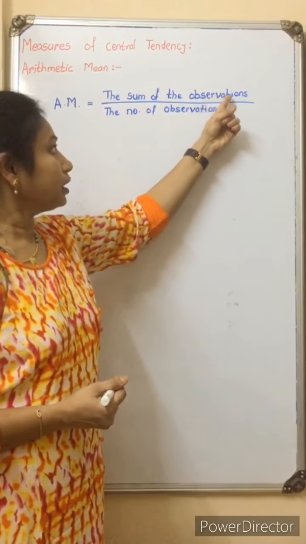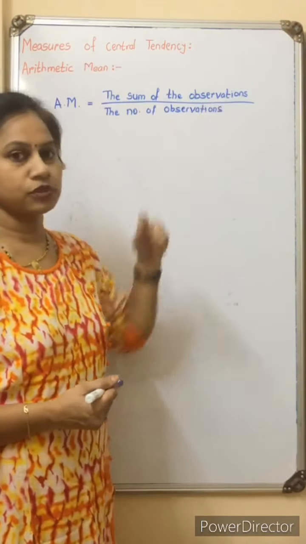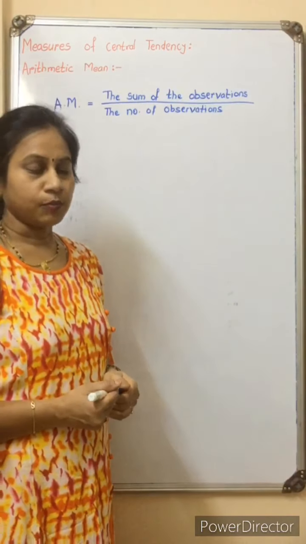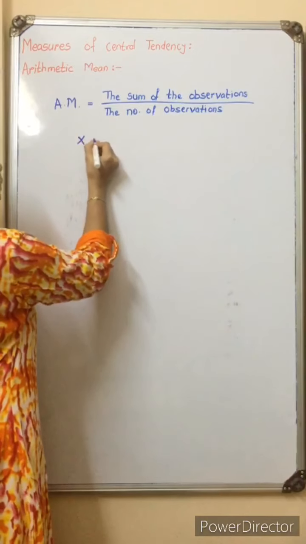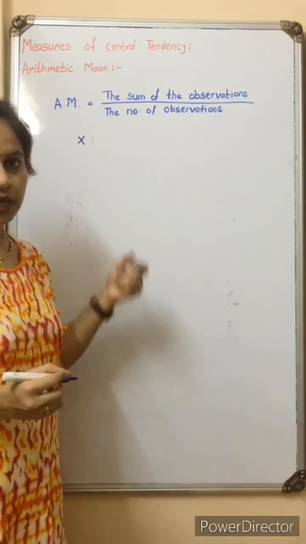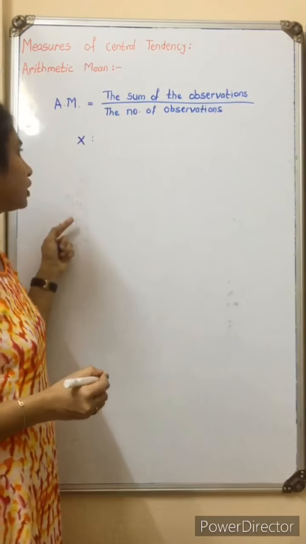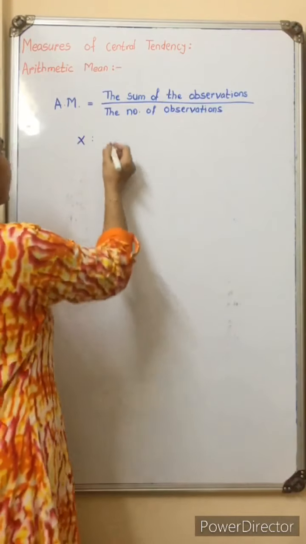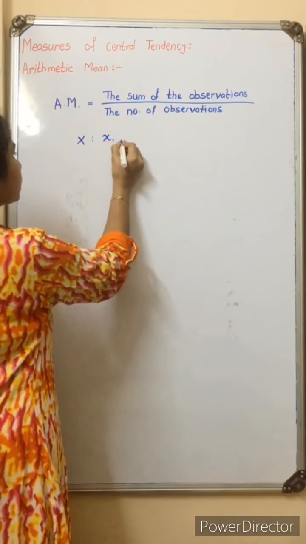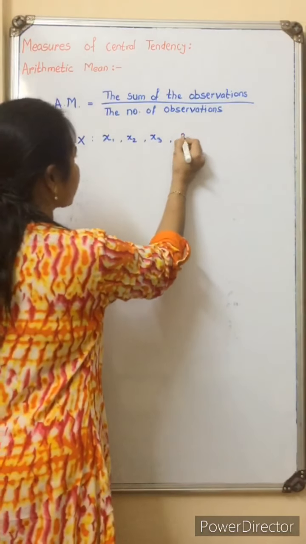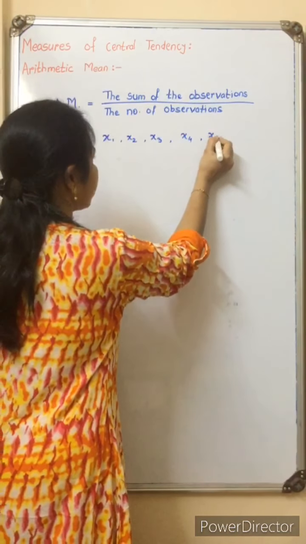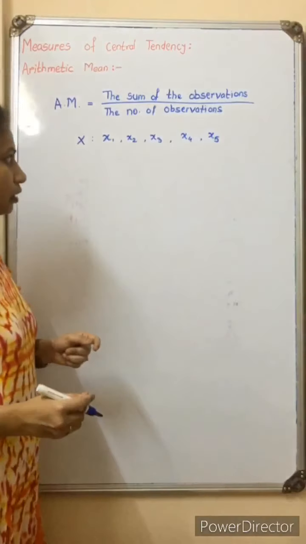Now what is the meaning of observation? Suppose we have the example of height. Our variable is the height of a student, say 5 students. The data we collect is denoted by x1, x2, x3, x4, x5.